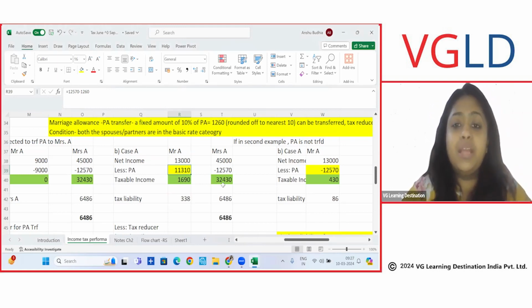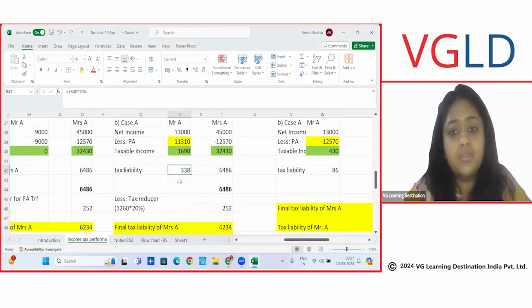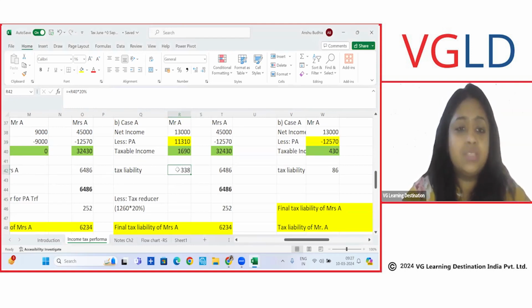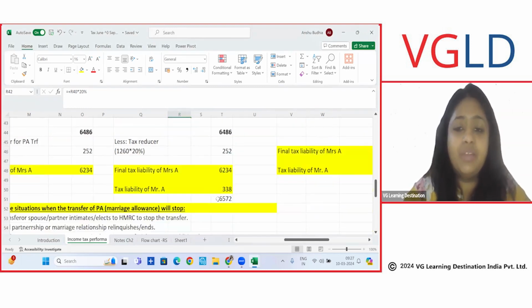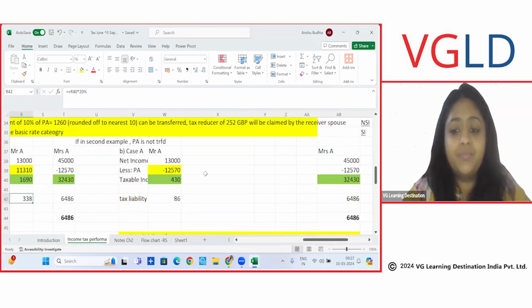Because once the PA limit gets crossed, you can see a taxability arises for the giver spouse also. Okay. So Mr. A will also have taxability here. Mrs. A is also having taxability. If you find the normal taxes in this case, you will find the overall taxes remaining same.